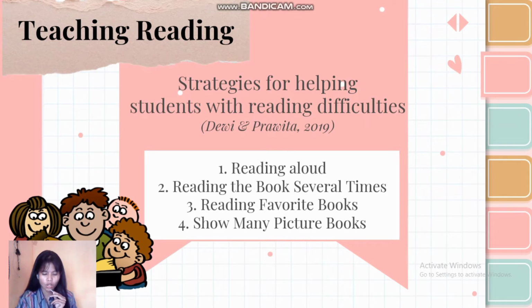Okay, so the second is reading the book several times. Once again, read over and over again until the young learner gets used to it, gets used to reading a book, a text. And then the third strategy is reading favorite books.